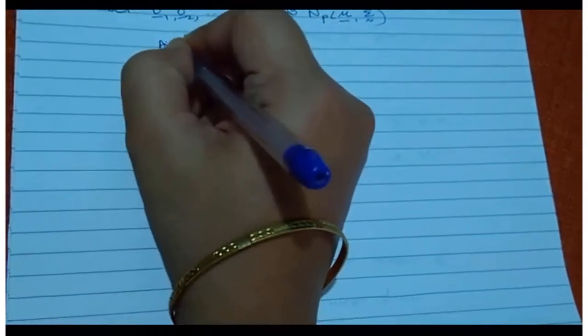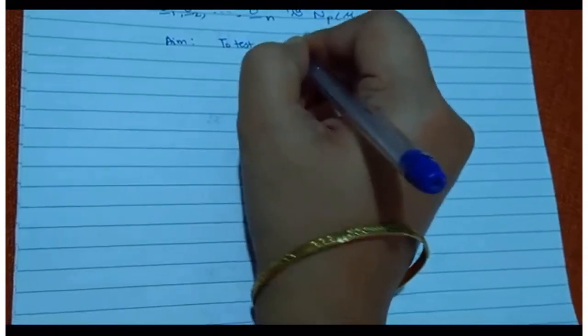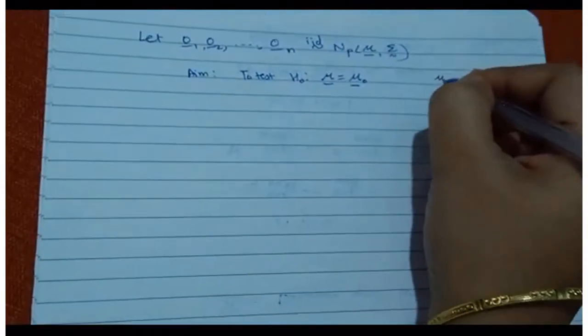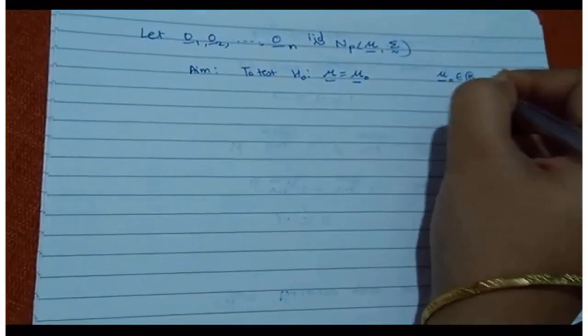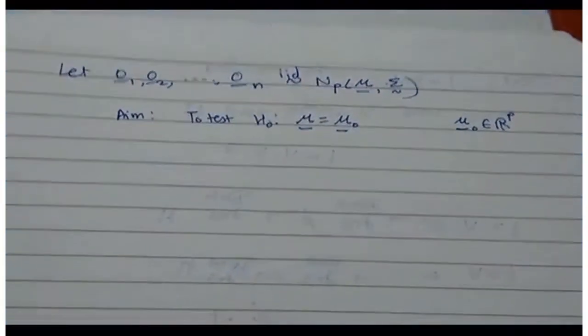My aim is to test H0, whether mu can be said to be mu naught. Mu naught is some constant value in p-dimensional Euclidean space. My aim is to test whether mu takes a particular value mu naught.